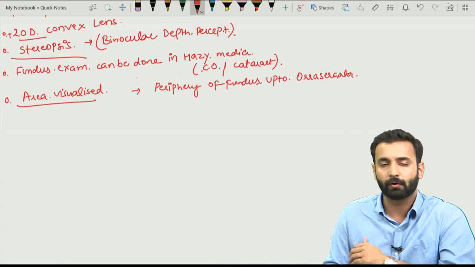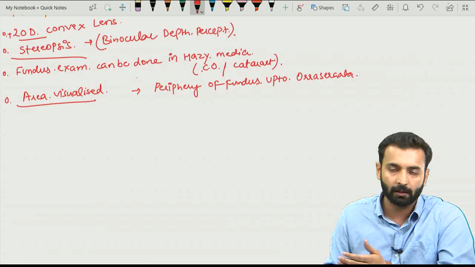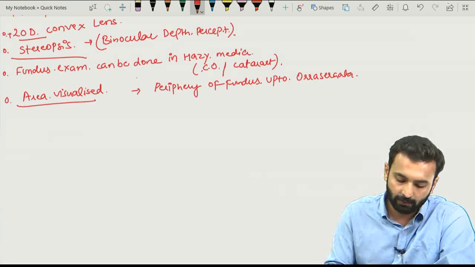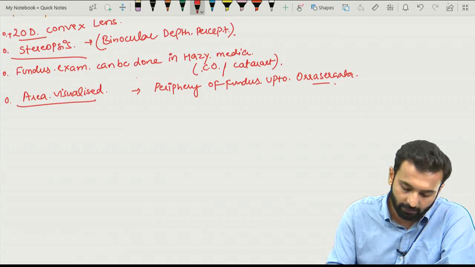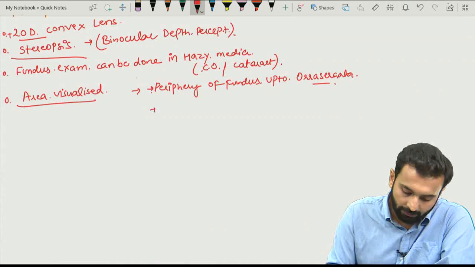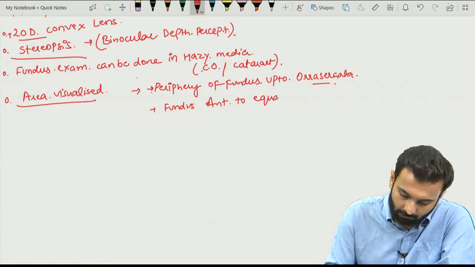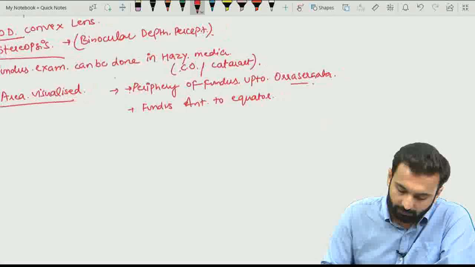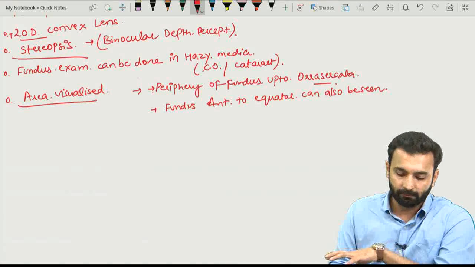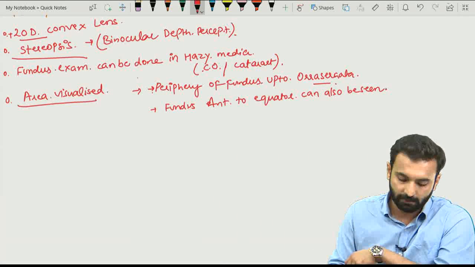As we already discussed, ora serrata is the anterior termination of the retina, or the junction of ciliary body and choroid. Periphery of the fundus up to ora serrata can be visualized with indirect ophthalmoscopy, and fundus anterior to equator can also be visualized, right?